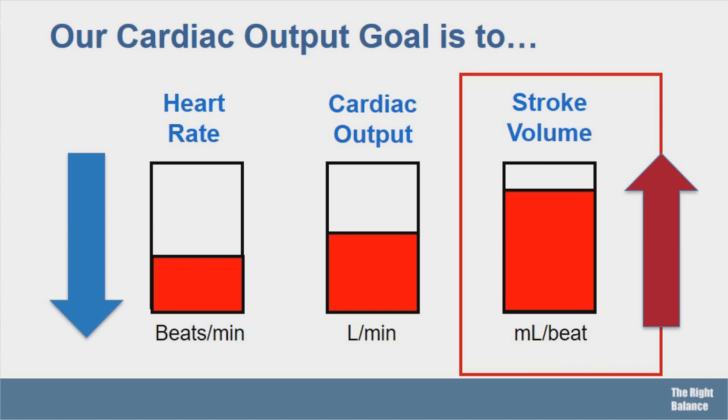So that brings us to the point that we remind ourselves that cardiac output is a balance between heart rate and stroke volume. Heart rate is the compensatory mechanism. Stroke volume is the efficiency response. This is gorgeous. This is what we want. We have a goal to increase stroke volume.